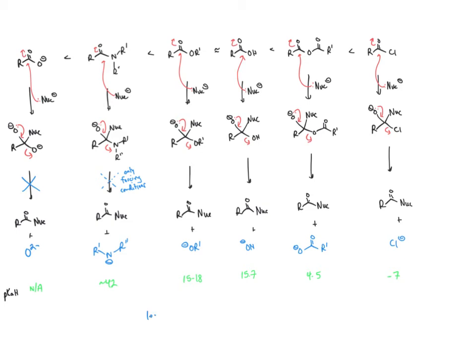So for reactions to occur via nucleophilic acyl substitution, the leaving group's pKa-H must be less than 20 for the reaction to occur. So the ester, the carboxylic acid, the anhydride, and the acid chloride all fit this category.